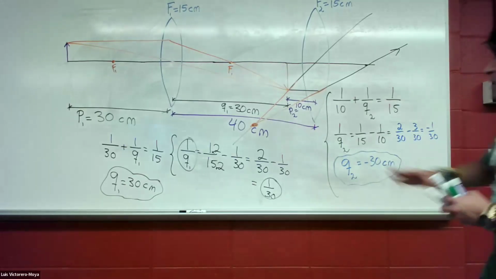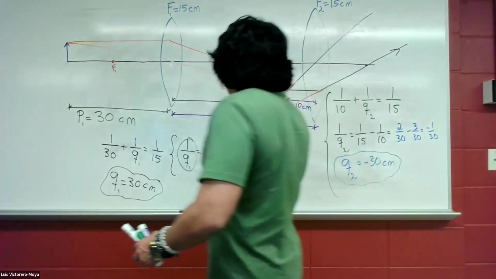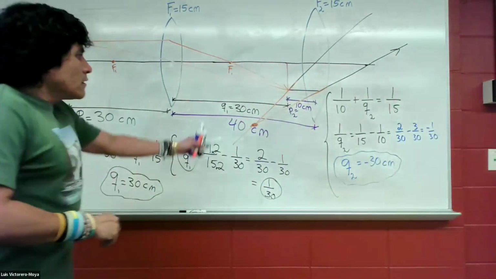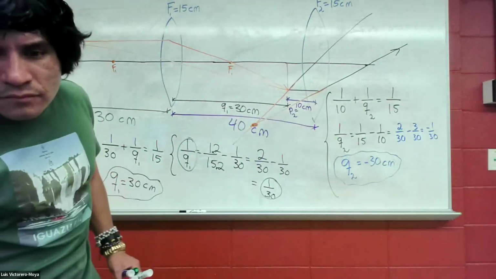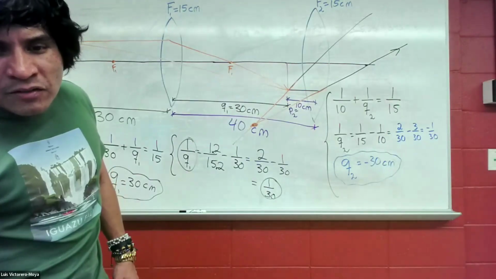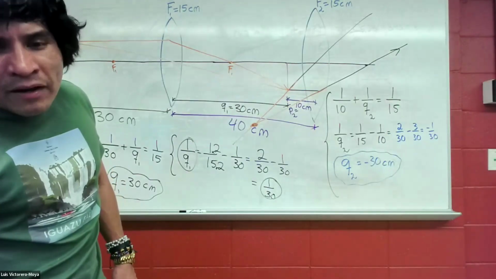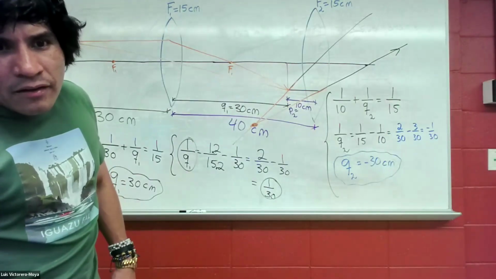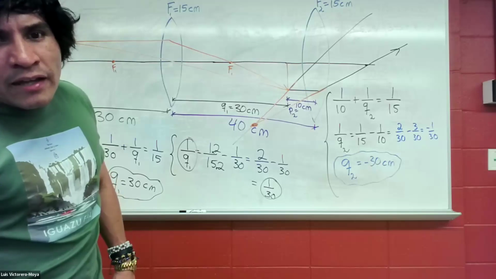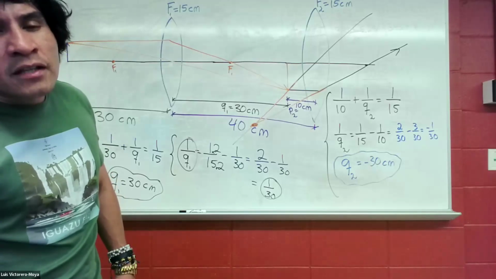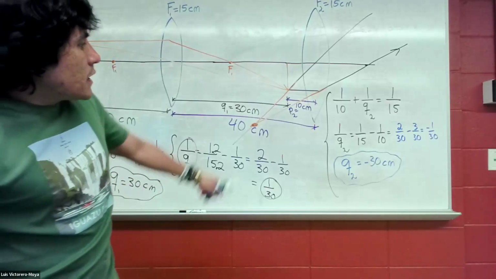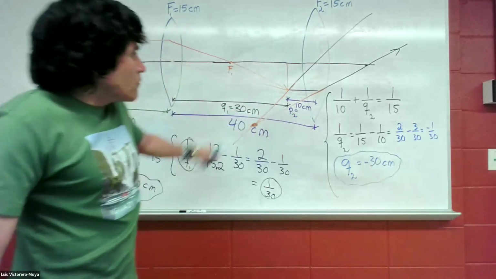So it's going to be a virtual image in front of the lens. That's the idea behind a refractor microscope, compound microscope, by the way. So the image is located 30 centimeters in front of the second lens.